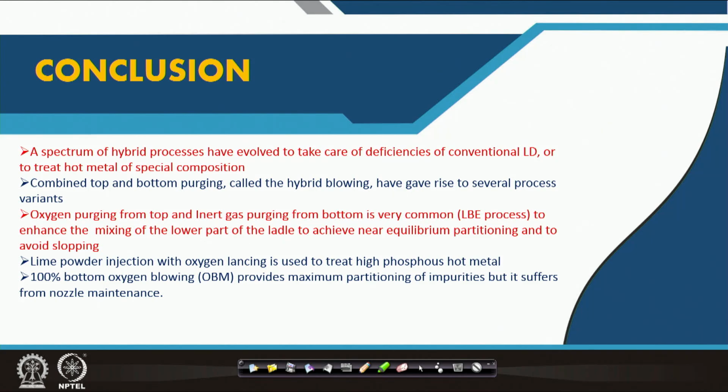So considering all this, the LD process modified with bottom inert gas purging, called the hybrid blowing process, appears to be the best solution today. That's why this process is running very well. The LD process along with bottom inert gas purging, the LB process, is mostly popular, because it solves the major problem of the LD vessel, that is the lower part of the furnace being weakly stirred in the conventional LD process.